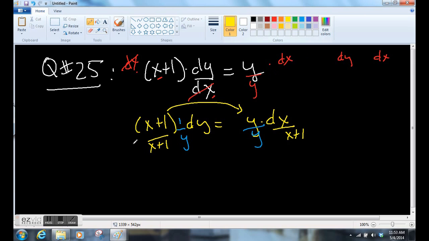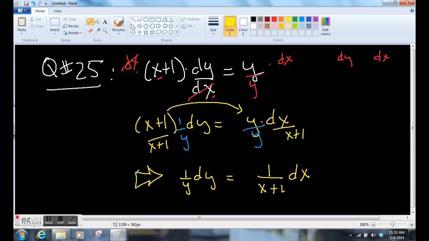So my final problem, when I rearrange everything, is 1 over y dy is equal to 1 over x plus 1 dx. So I brought the y onto this side, the x plus 1 over here, dx over here.